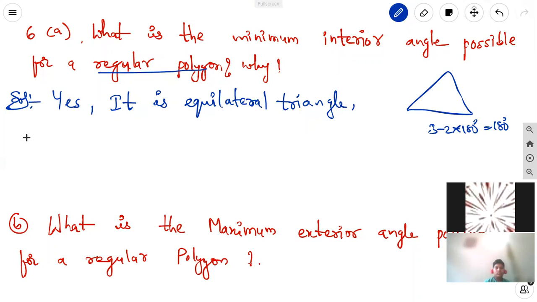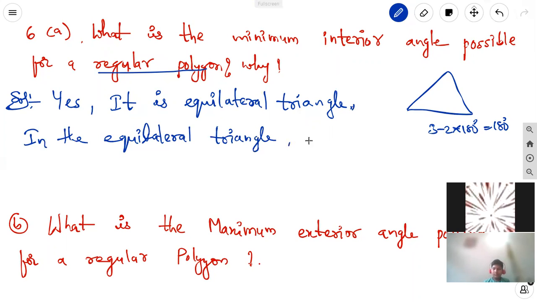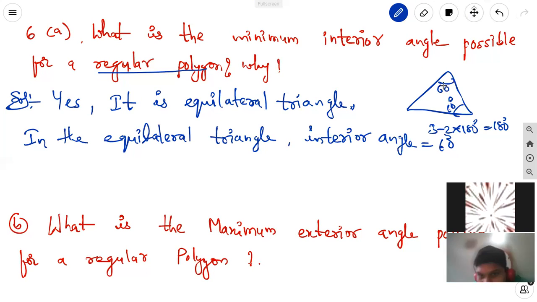In the equilateral triangle, the interior angle is 60 degrees. We know that 60 degrees, 60 degrees.